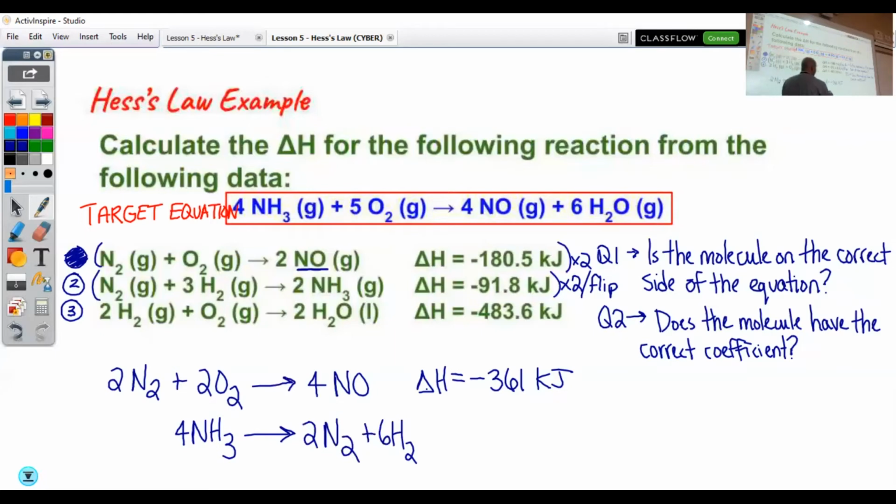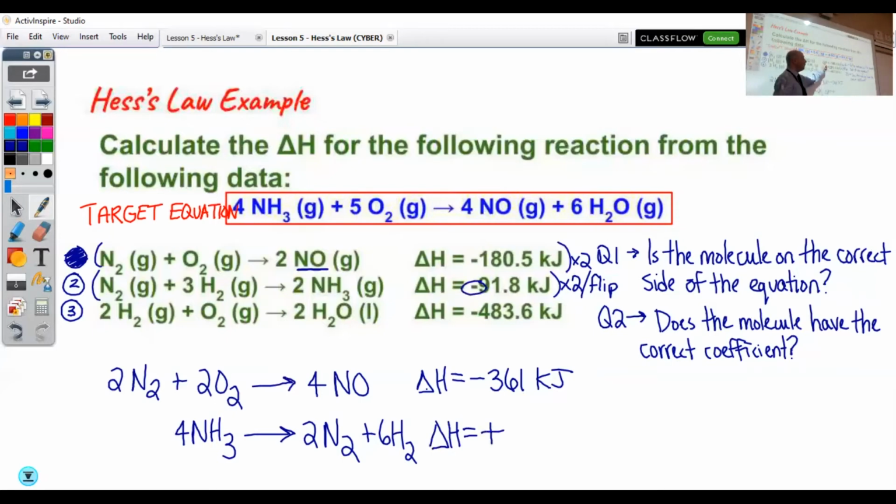So now for our delta H value, when you flip a reaction, that also changes the sign for delta H. So what was an exothermic reaction, meaning heat was given off on the right side, is now an endothermic. So that sign for delta H must also change. So the negative sign here is now going to become a positive sign down here.